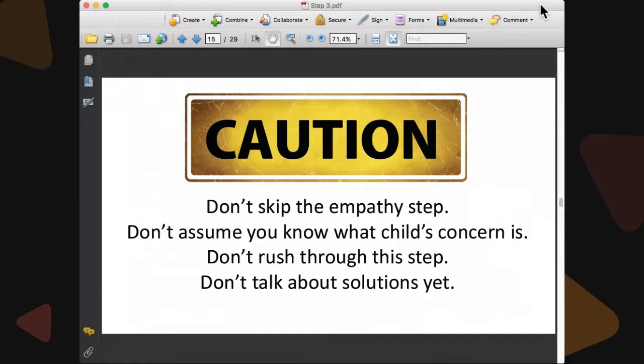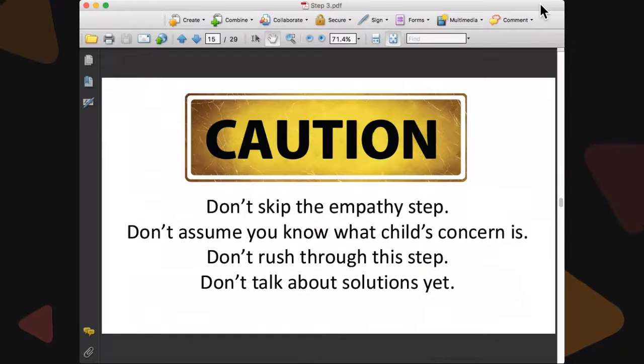And especially, you don't want to skip any of the steps. Sometimes people think, "Oh, I already know what's happening. We don't have to sit down and talk about that anymore." But you really do need to start at that level where you are empathizing with your child, connecting with them on a different level versus being an angry parent or an angry teacher.